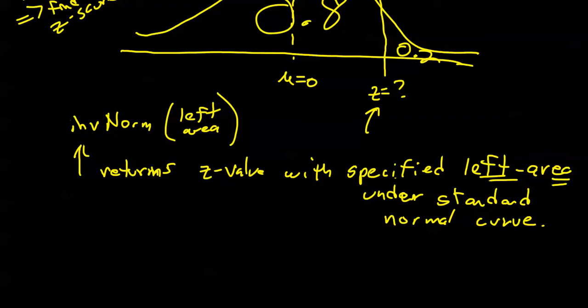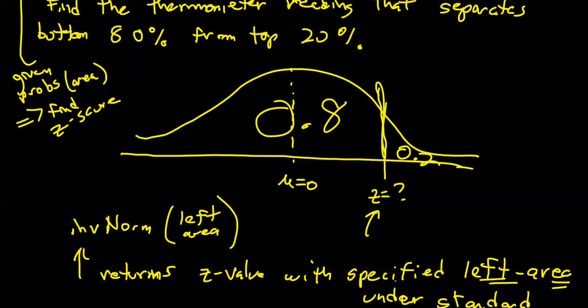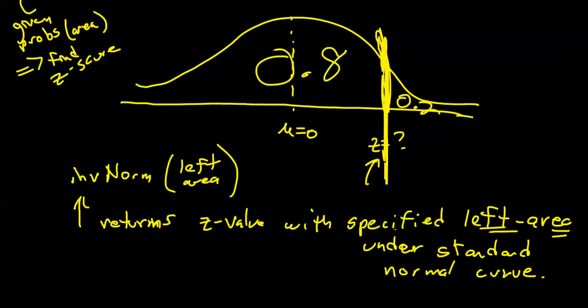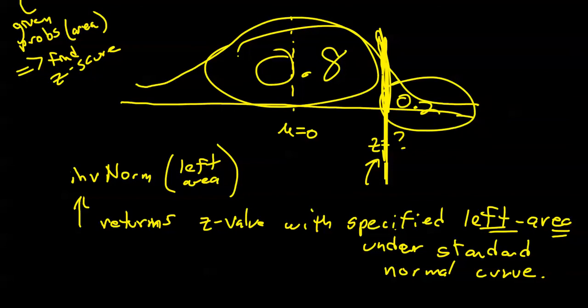Okay? Alright, so if I want the z-value that cuts off the bottom 80% from the top 20%, I'm going to use inverse norm and plug in 0.8 because that's my area to the left. That's also under the distribution menu.